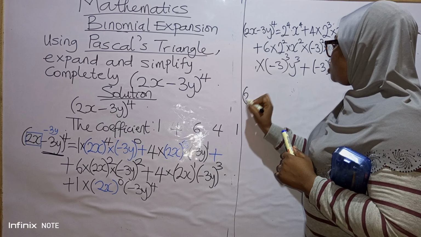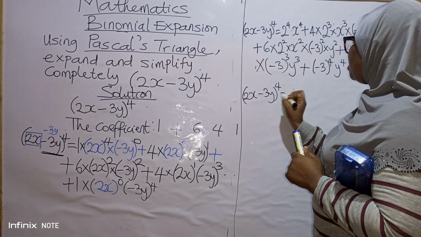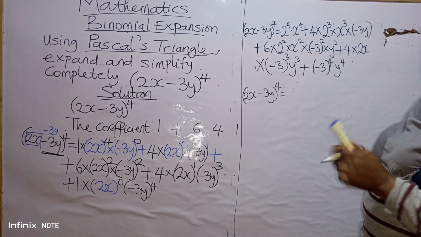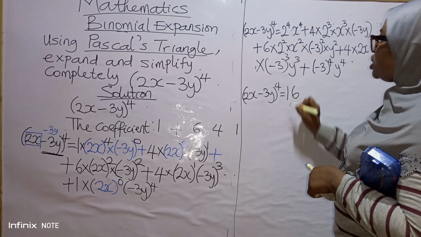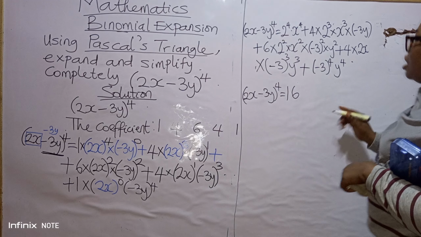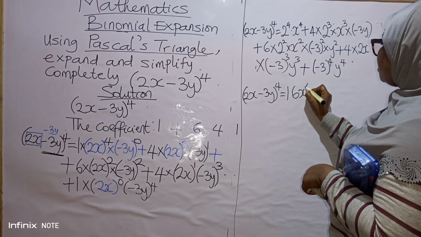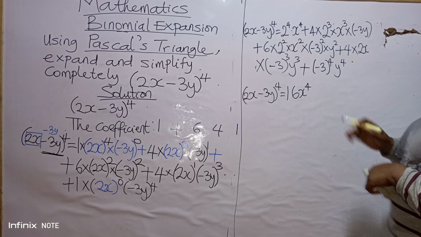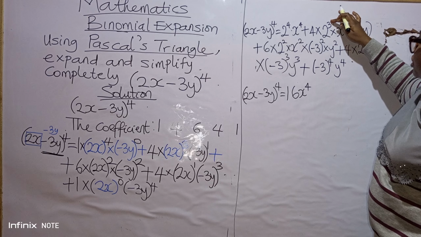So 2x minus 3y raised power 4 will now be equal to, what is 2 raised power 4? 2 raised power 4 is 16. That is 2 times 2 times 2 times 2, 16. Then multiply by x raised power 4. So plus 4 times 2 raised power 3.